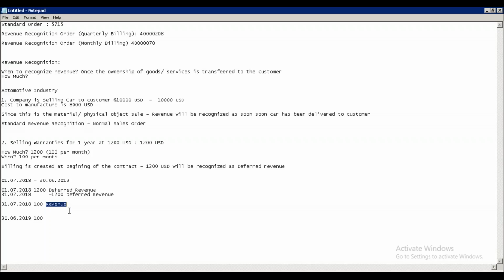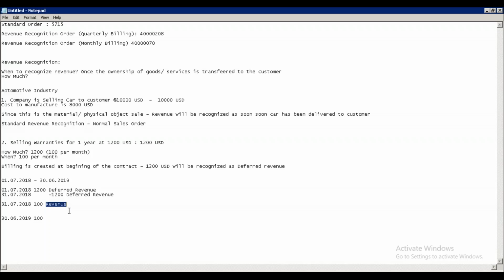Okay, and in this scenario, we said we are doing the billing on the first day of the contract itself, and that is the reason this amount will go to the deferred revenue account. Okay, and every month the amount will get transferred from deferred revenue to actual revenue account. So at the end of the contract, your deferred revenue will become blank, 0, and your actual revenue account will show you all this 1200 as the recognized revenue.